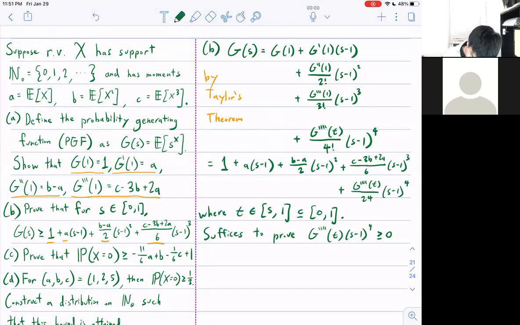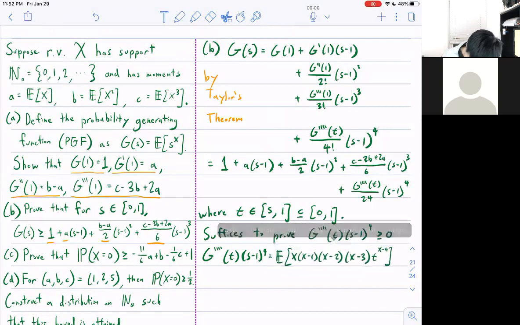You can actually show then, for example, that this g quadruple prime of t times s minus 1 to the fourth power just equals the expected value of, by doing the derivative many times, x minus 1 times x minus 2 times x minus 3 times t to the x minus 4, times that basically s minus 1 to the fourth power.